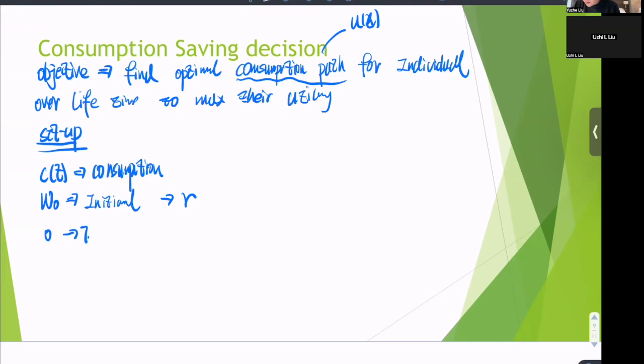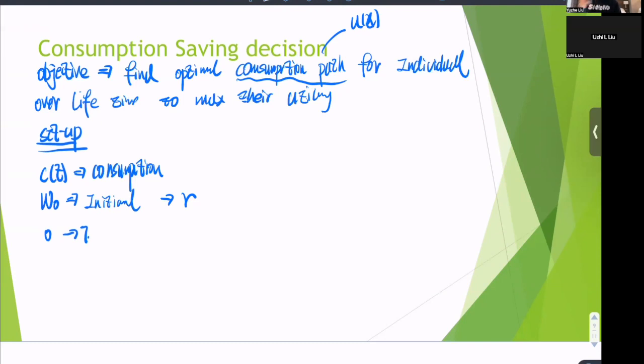Now we assume the interest rate and the rate of time preference are constant, just to make things a little bit easier, because the real world is really complex. So we are trying to make the best approach possible. So here we fix the interest rate.